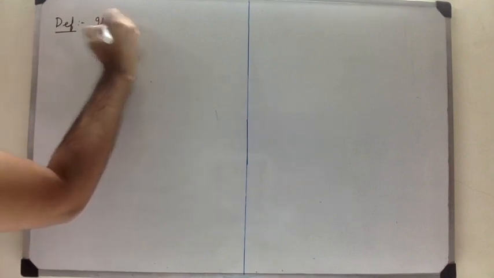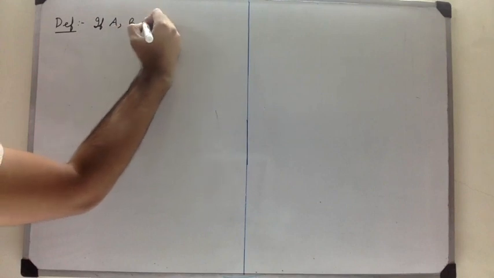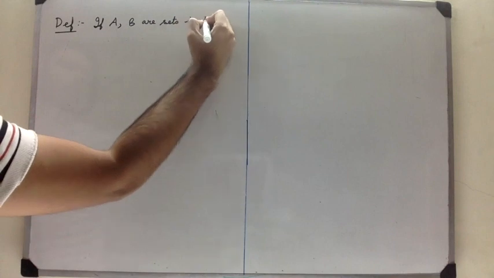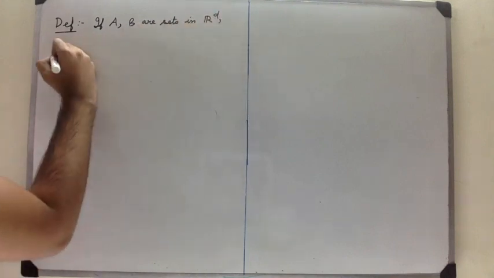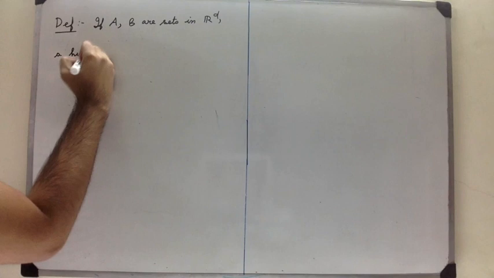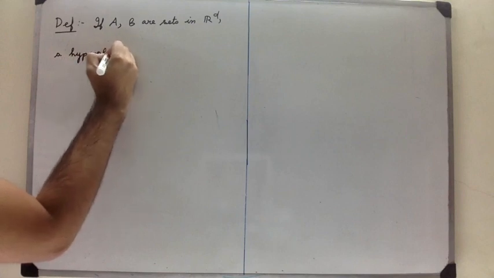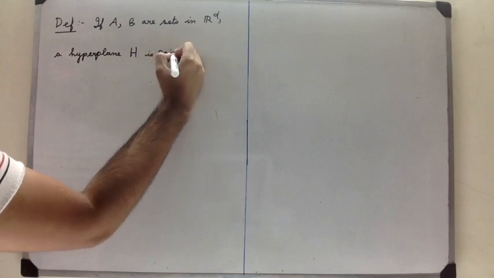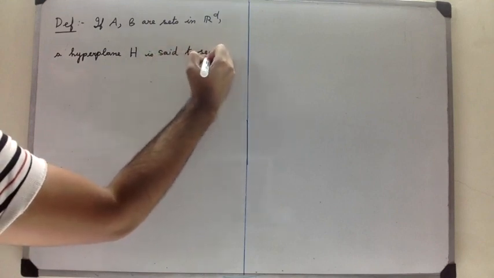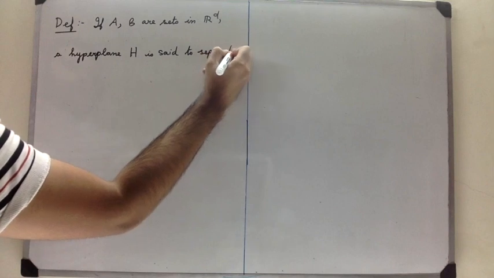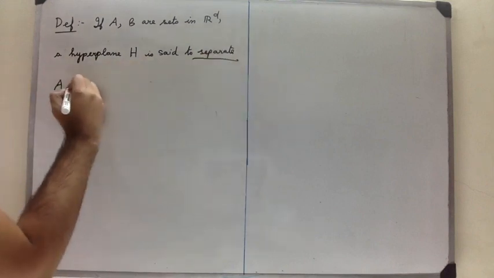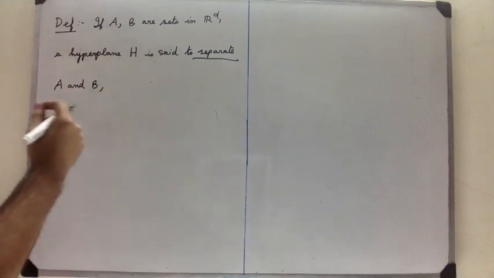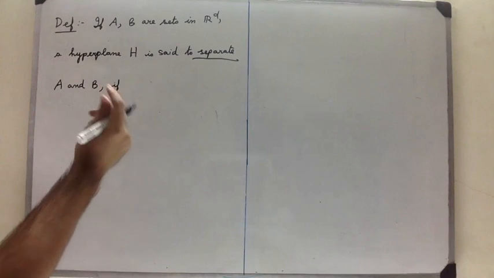So if A and B are sets in R^d, then a hyperplane H is said to separate A and B if they belong to different closed half spaces.